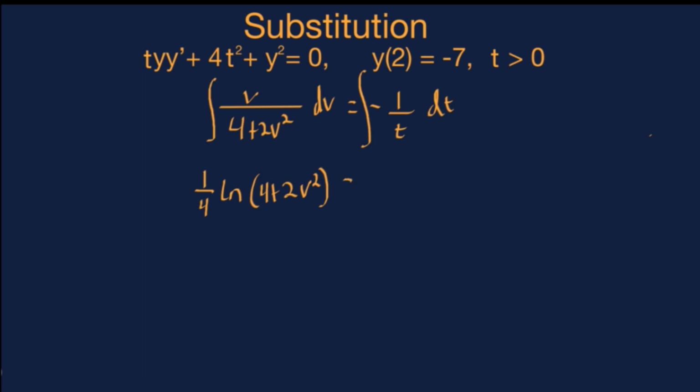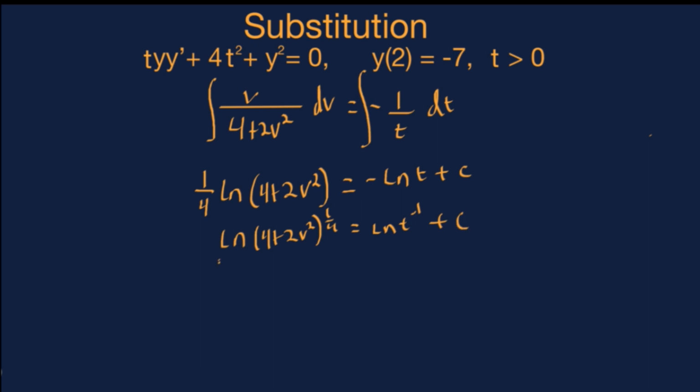And on the right side, we get negative natural log of t plus the constant of integration, which could be rewritten as the natural log of (4 plus 2v squared) to the 1/4 is equal to the natural log of t raised to negative 1 plus the constant of integration.